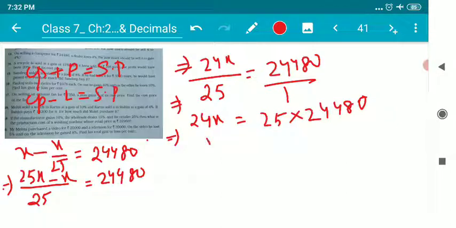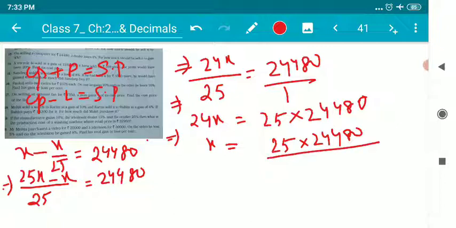Now children, X will be left, 24 will be transposed to the right hand side, and it will be divided. It will be 24480 by 24. So children, it can be directly reduced. 24 ones are 24, 0, 4 cannot be divided by 24, 0, 24 twos are 48, 1020.